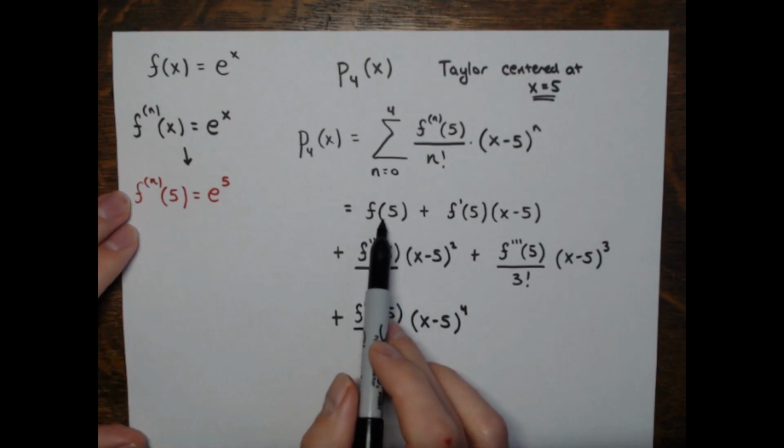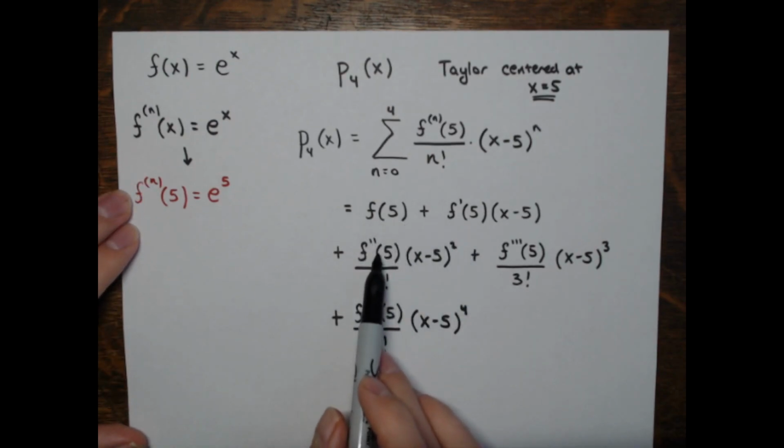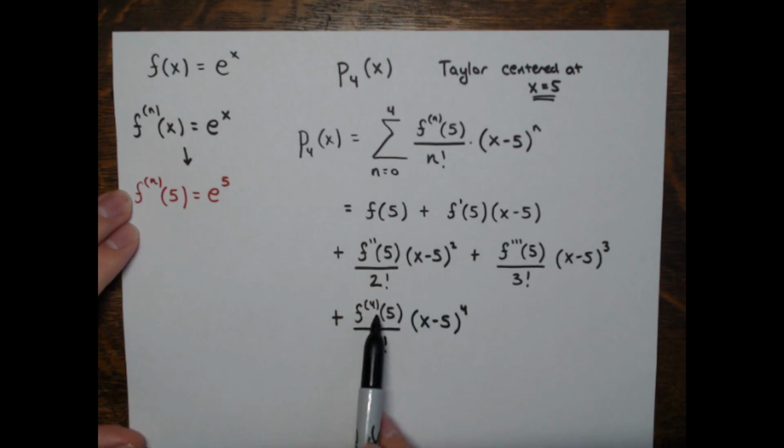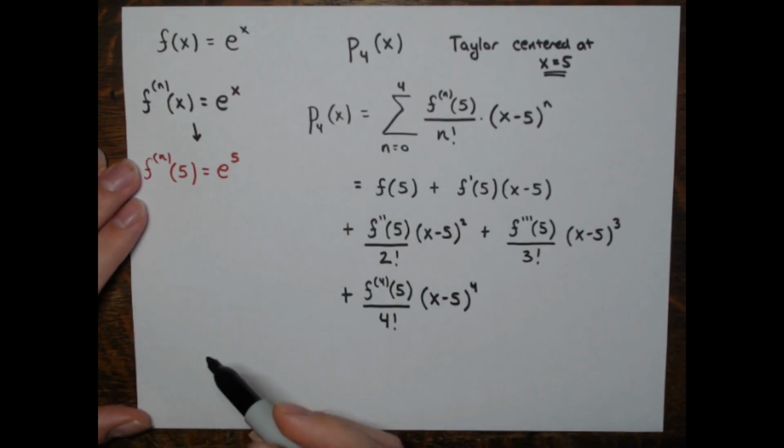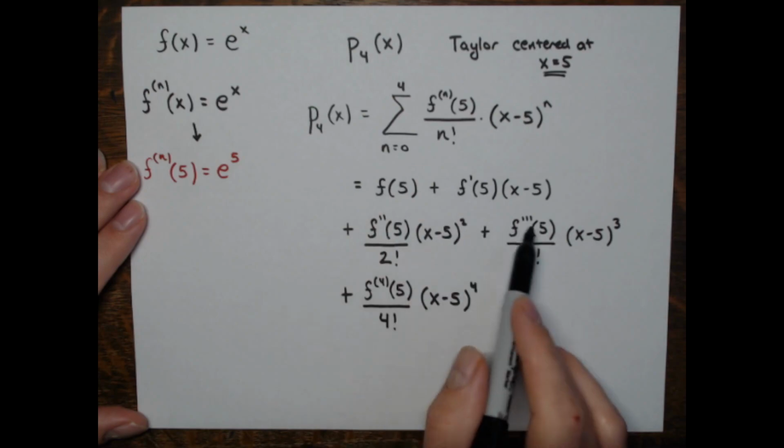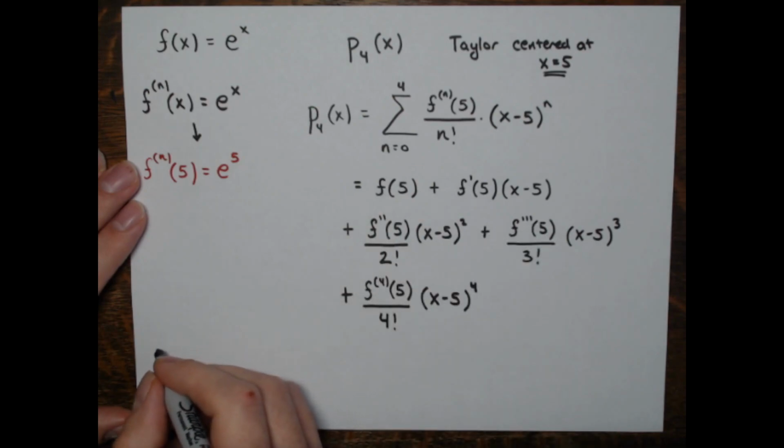So f of 5, f prime of 5, double prime, triple prime, fourth derivative, all those at 5 will be e to the 5th. So I'm going to factor out this e to the 5th, because every single one of these terms has an e to the 5th.